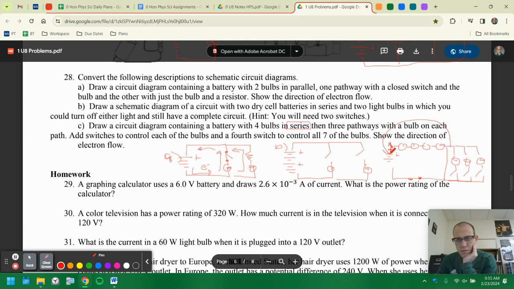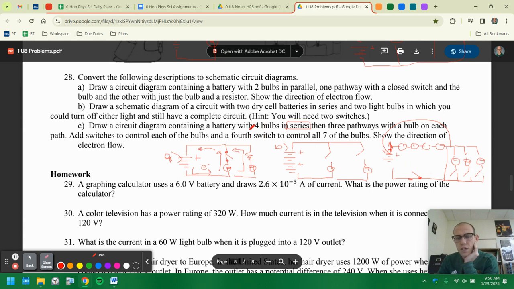So then I could have the pathway be open here, so none of these on. It would then flow here, have the choice of going that way if it was closed, that way, or that way if it was closed. And then this one right here, if that one was open, it doesn't matter if that one was closed and all of these were closed, it would turn off all 7.